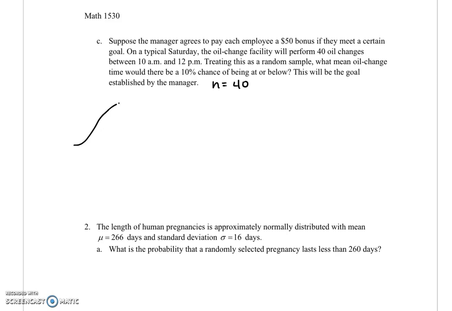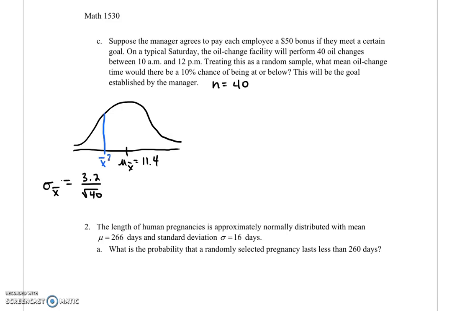So what we have this time is the exact same thing. We still have the same standard deviation. So our standard error for the mean is still 3.2 over square root of 40. But this time we are trying to find the x bar that we don't know, so that the area left of it is 10%.